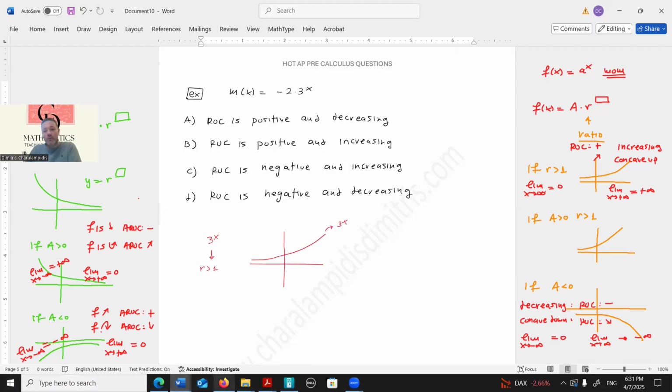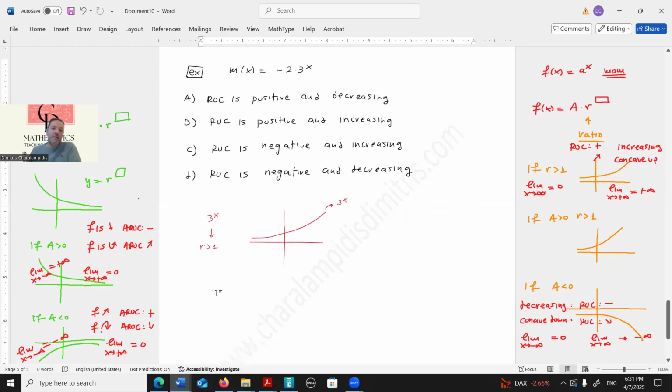Then we multiply all that by something negative. So the moment we decide to multiply by something negative, we actually reflect the original graph towards the x-axis. So this could be minus 2 times 3 to the power of x.